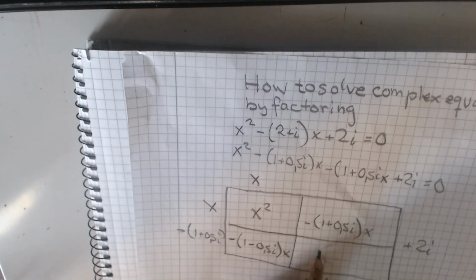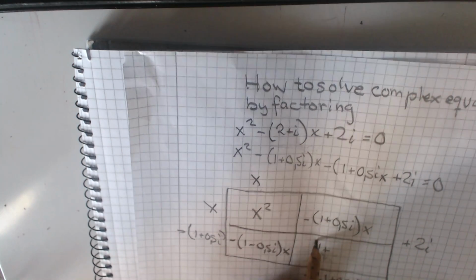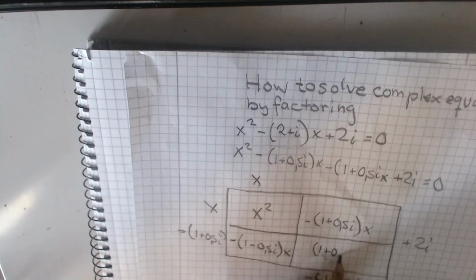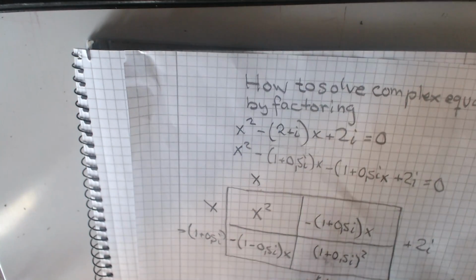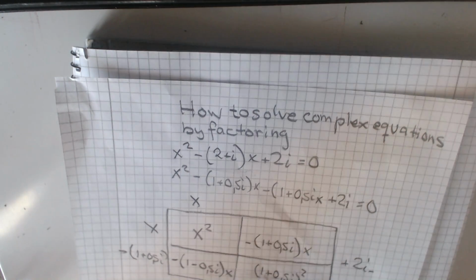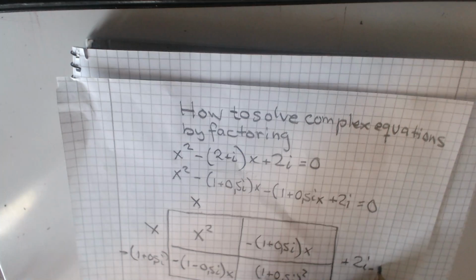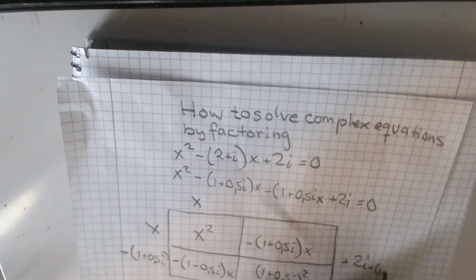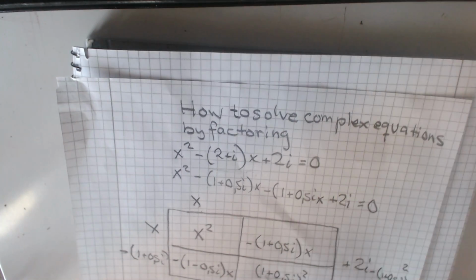So this is the 1.5i squared. So you have to withdraw that amount here. So you have minus (1 plus 0.5i) squared.